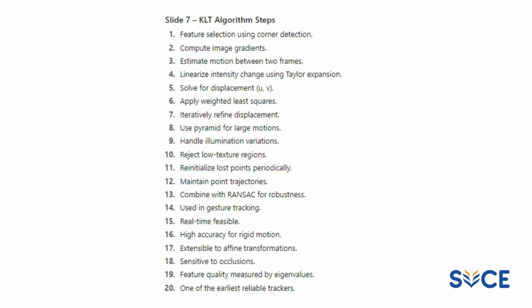So these are some of the key points. The pyramid levels handle large displacements first, and iterative refinement improves the accuracy when features are lost or accumulated. It is robust for short-term tracking, we have to mention that, and widely used in OpenCV implementations and Python libraries, and it works in real-world applications, with feature redetection maintained continuously. The motion vectors are used for object tracking, and it assumes rigid transformations and is sensitive to illumination changes.